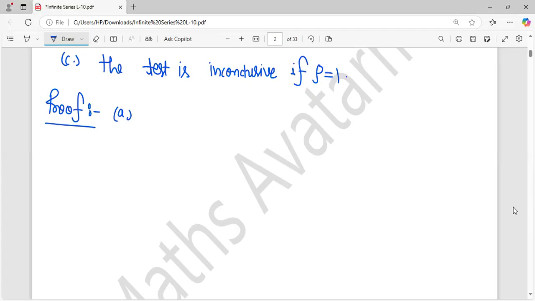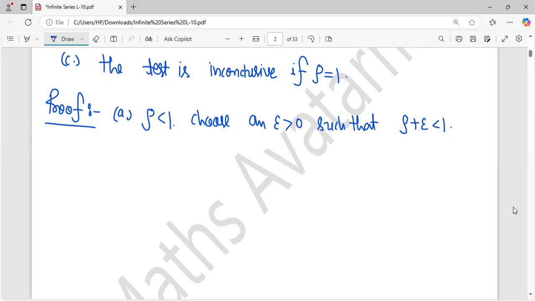First, it is given that rho is less than 1. Now choose an epsilon greater than 0 such that rho plus epsilon is still less than 1.